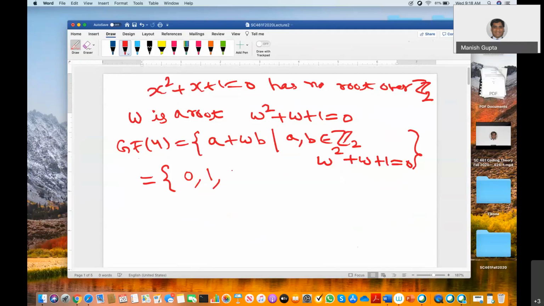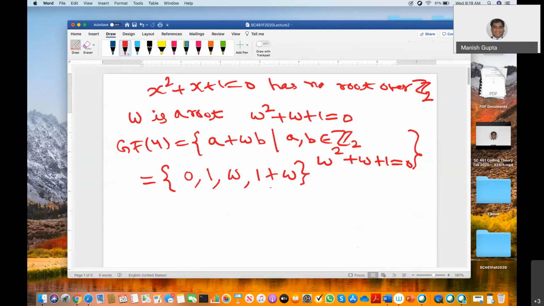If A is 0, B is 1, we get omega. And the fourth element will be 1 plus omega, right? So we have got these four elements.